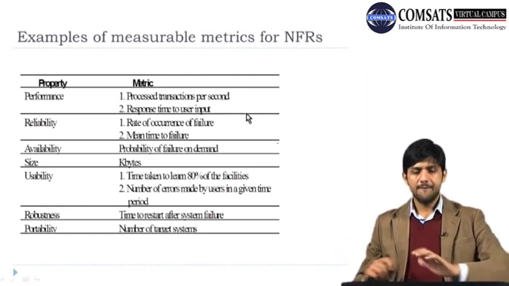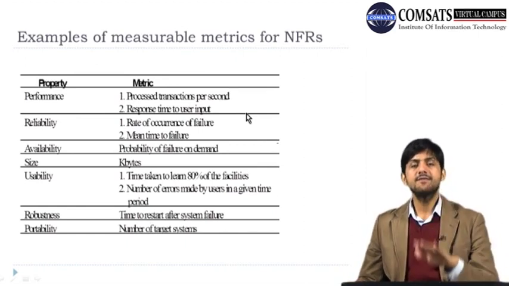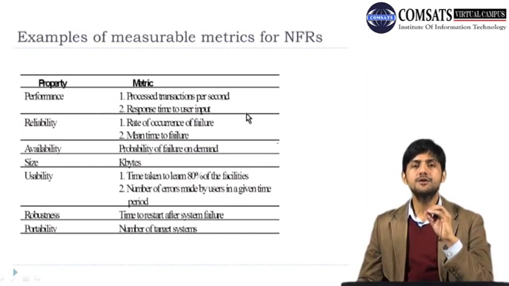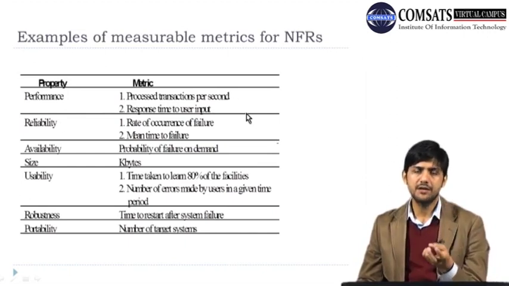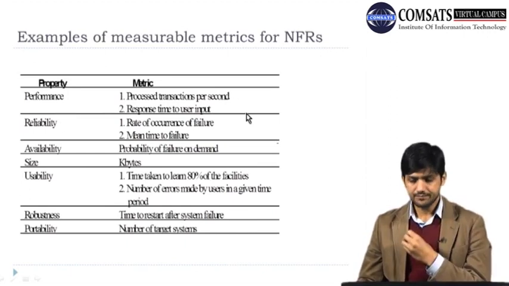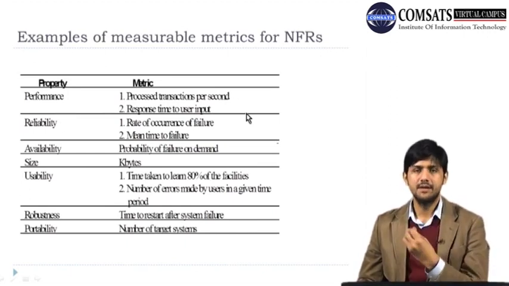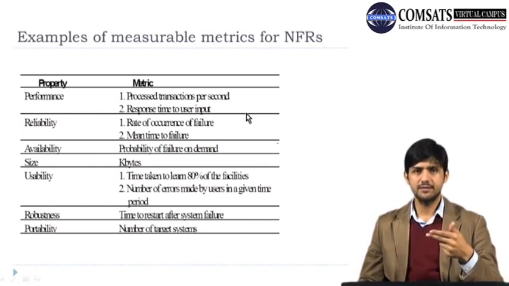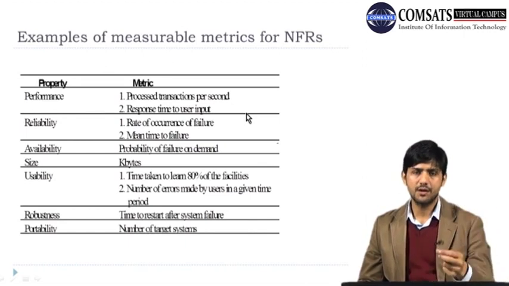Okay, so whenever you are specifying non-functional requirements of the product, we have said that each non-functional requirement should have two attributes. Number one, they should be objective, and number two, they should be testable. And how can we ensure that my requirements are testable? By using different metrics to express these non-functional requirements.